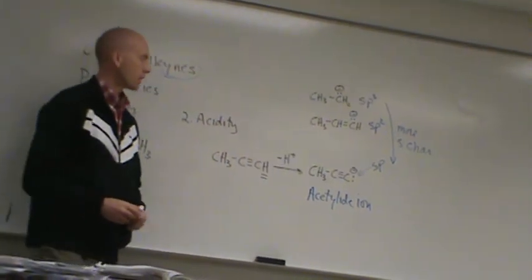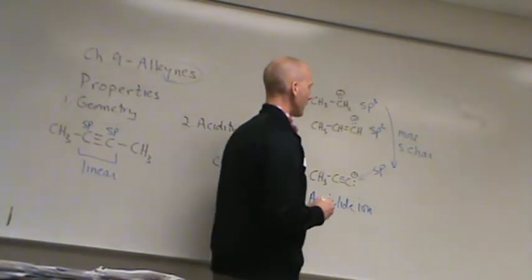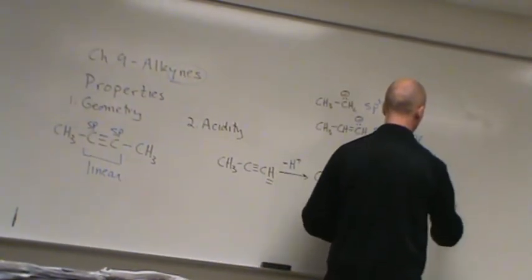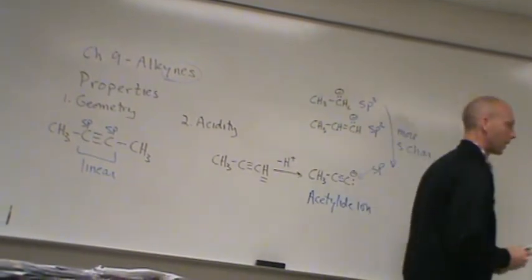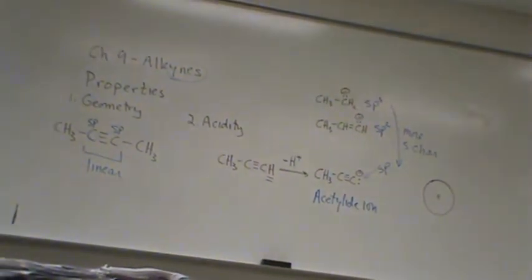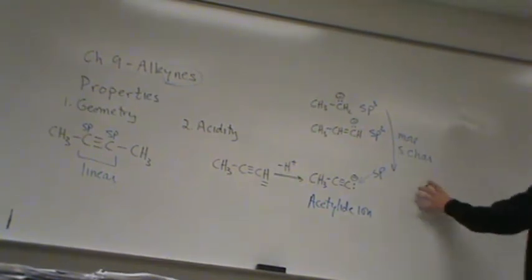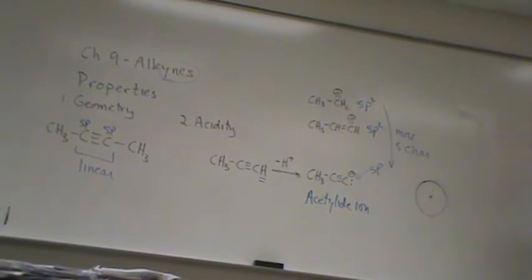Okay? Remember the shape of the S orbital is this here, where you have the nucleus right in the middle. So the S orbital is the orbital that's closest to the nucleus.